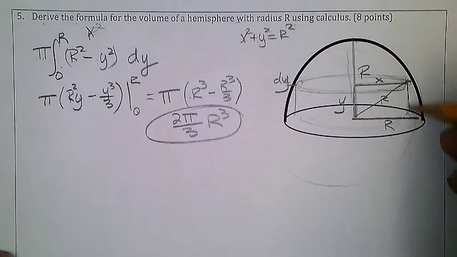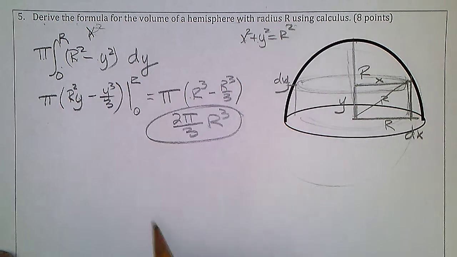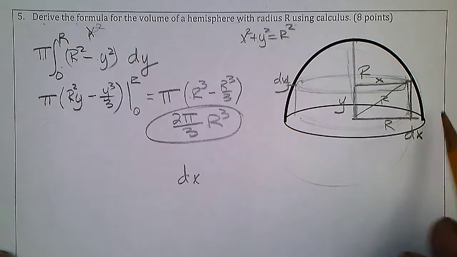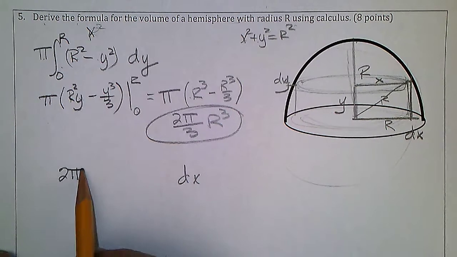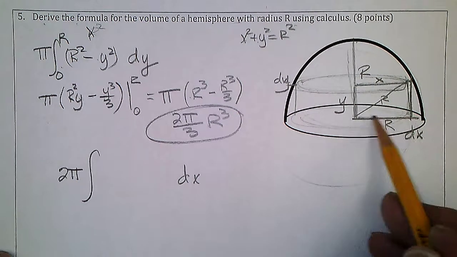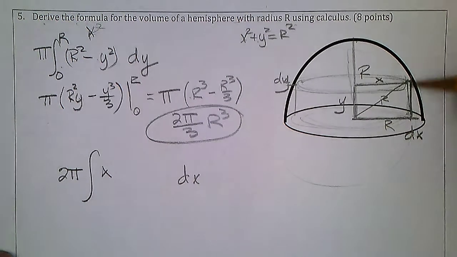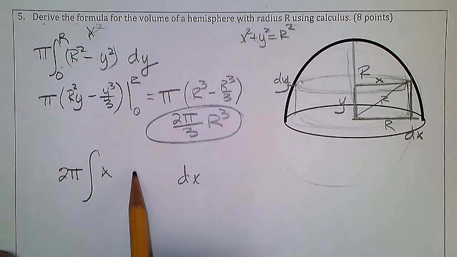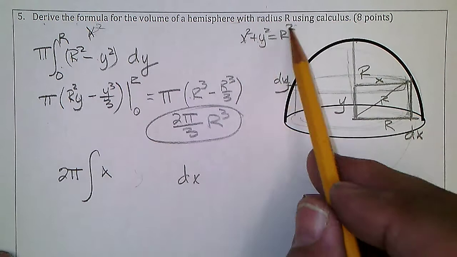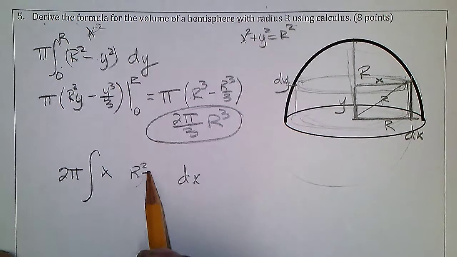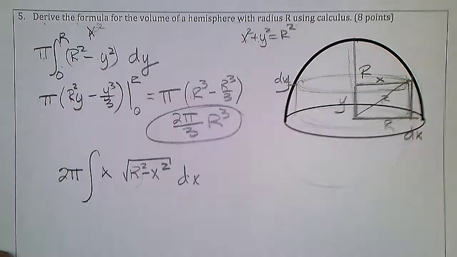Now let's do it with the shell method. So then the d would be dx. In the shell method, it's the circumference, which is 2 pi r, and the r would be x, times the height, which is y. But instead of y, I want to use the square root of r squared minus x squared. That would be y.